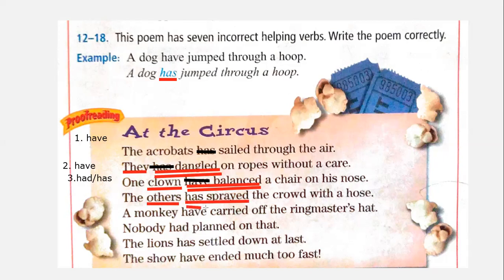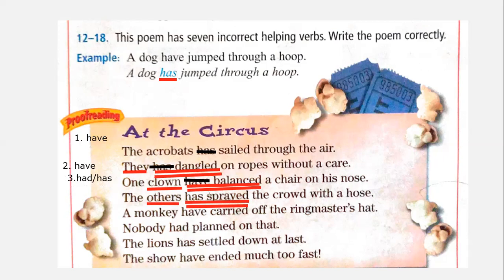We identify the helping verb and the main verb. And now we are going to see whether the helping verb agrees with the subject according to the rules that you should have next to you because you already copied them. Okay. So others, has.